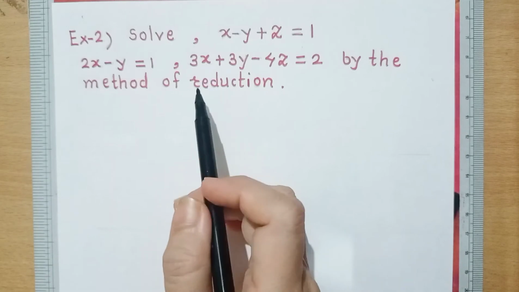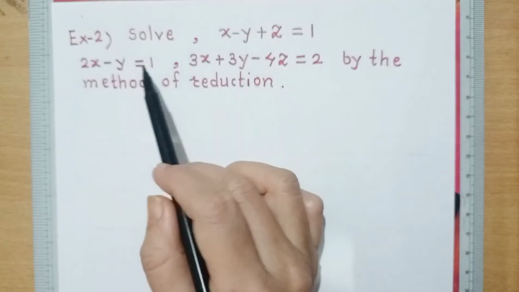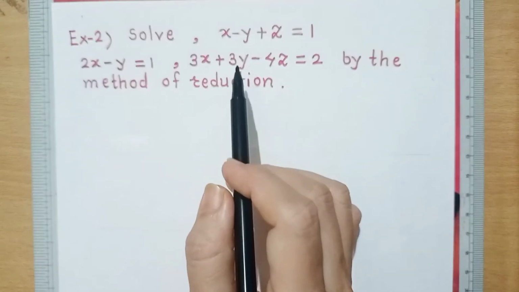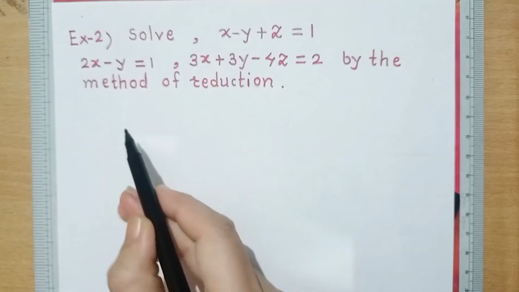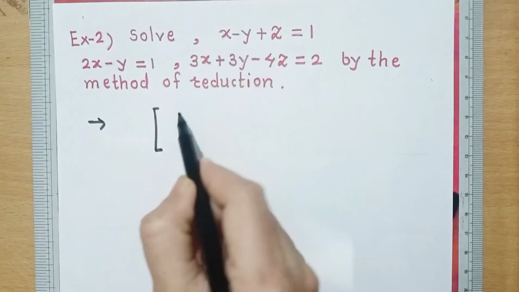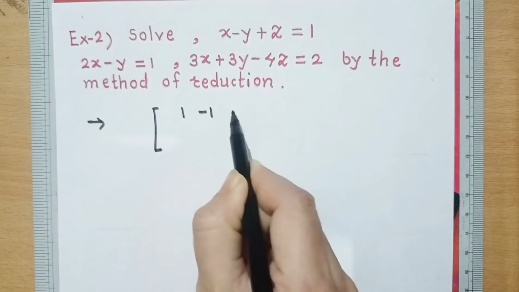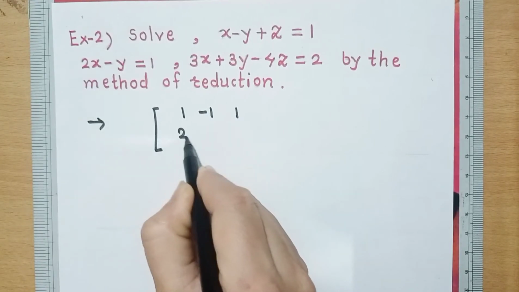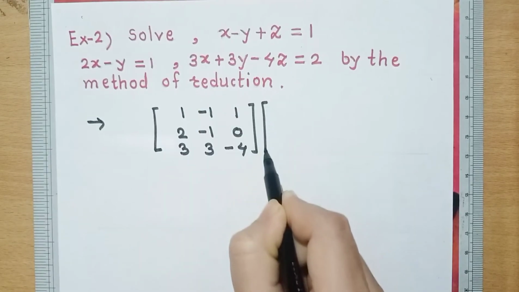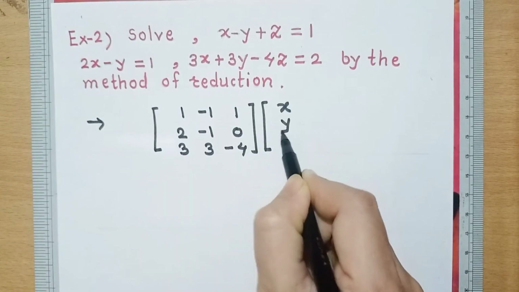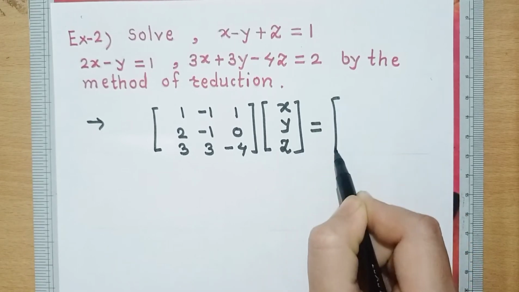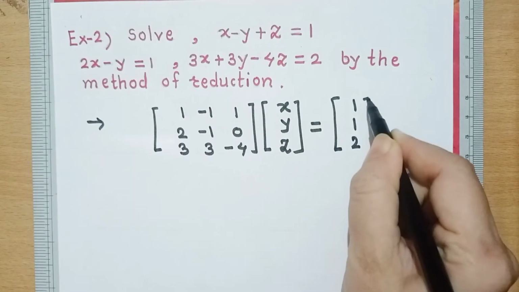This is our second example, and here these are three linear equations in three variables. So first we will write these three equations in matrix form. Write down first coefficients, 1 minus 1 1, then 2 minus 1 0, and then write down the matrix of variables, and that is equal to 1 2.